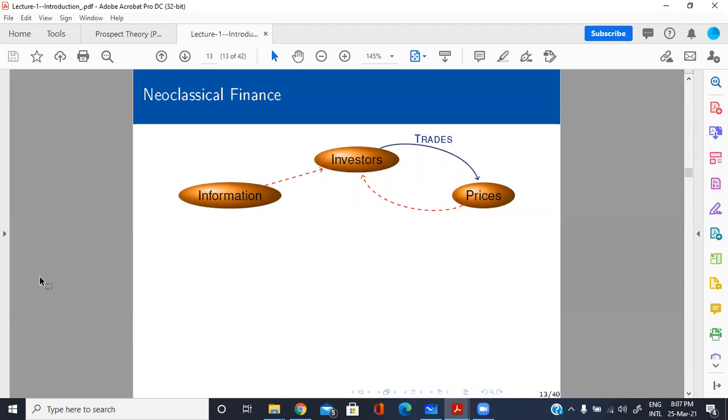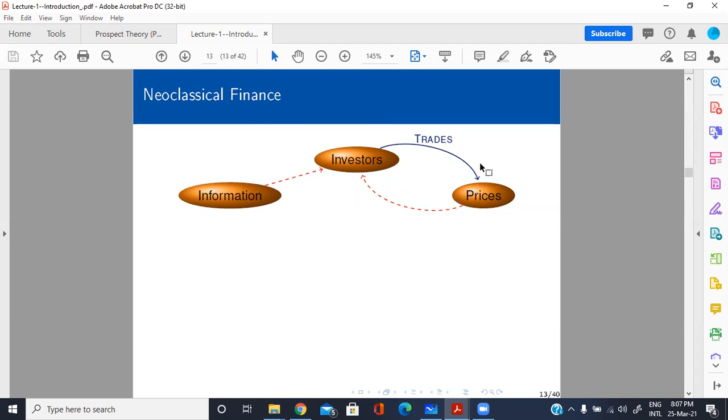Okay. Now they assume that when investors make trading, investors receive information, and their trading captures the information, and their trading transfers the impact of information to the price. In this way, prices reflect the information.